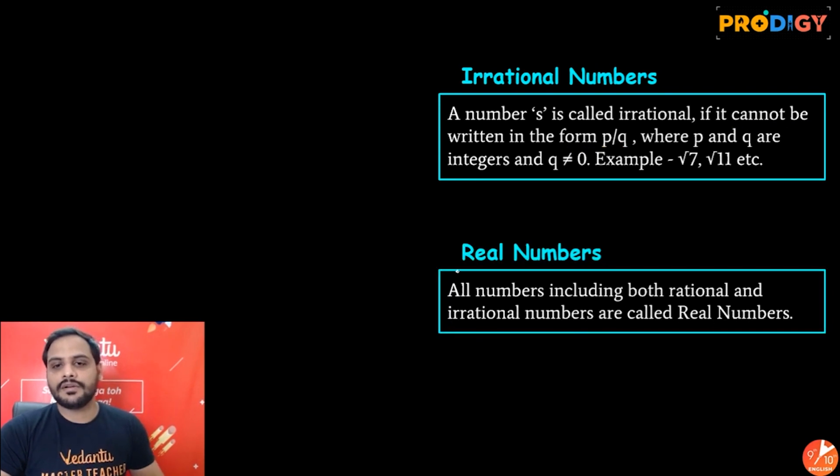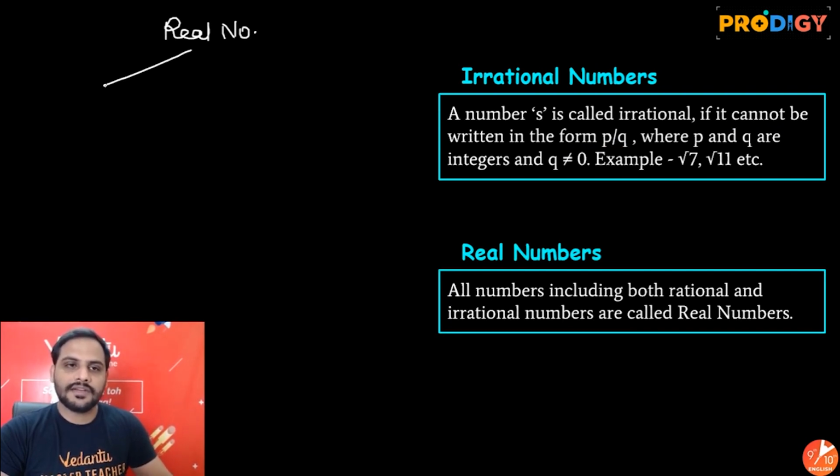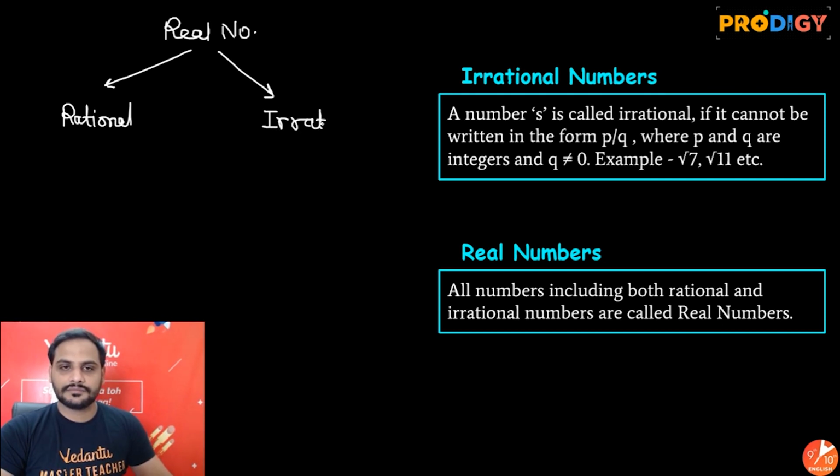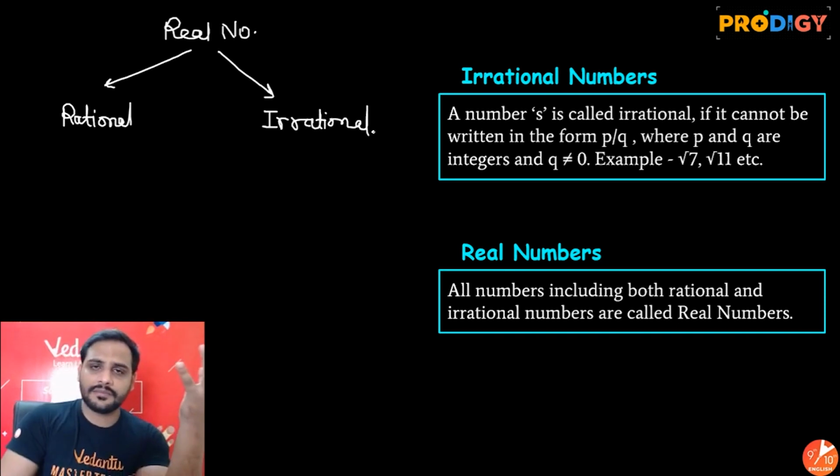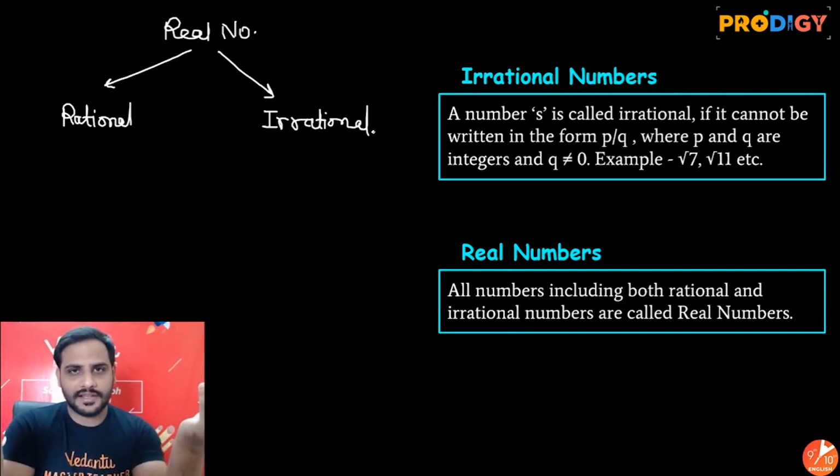Now real numbers. What are real numbers? The concept of real numbers is very easy. We have learned about rational numbers, and then we have seen there are also other numbers which are irrational numbers. So there are some rational numbers, there are some irrational numbers.